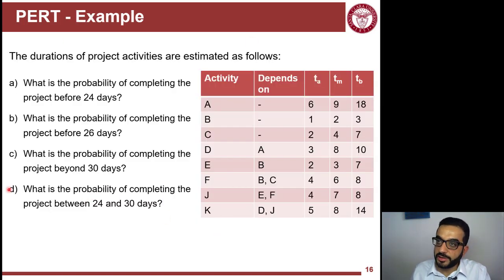So we will see a full application of PERT in this example here. Different parts, different scenarios. We're given for every activity the sequencing logic, or what each activity depends on, and the three duration estimates, the optimistic, most likely, and pessimistic durations. Just to get you started on that, we'll solve that in the class.